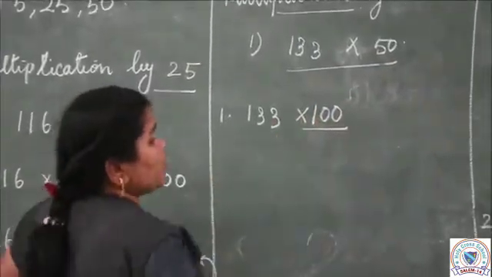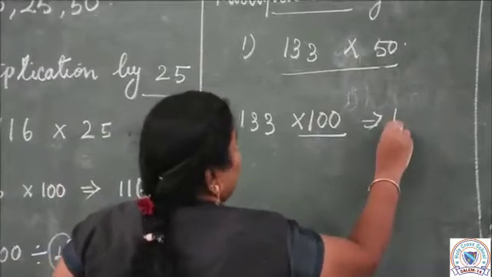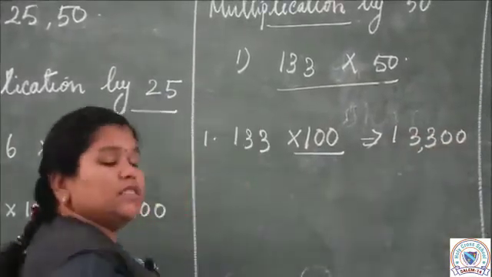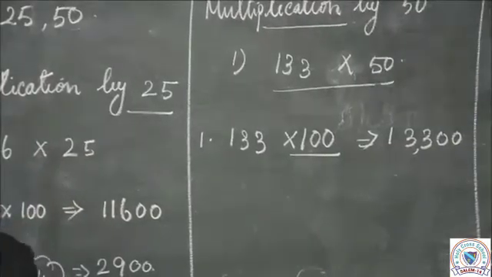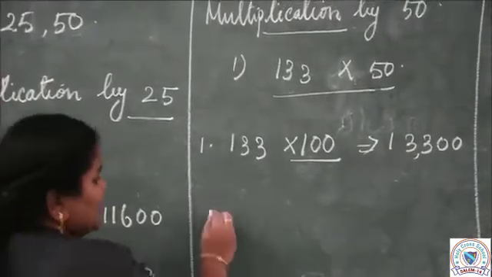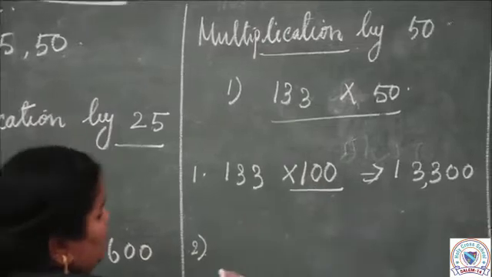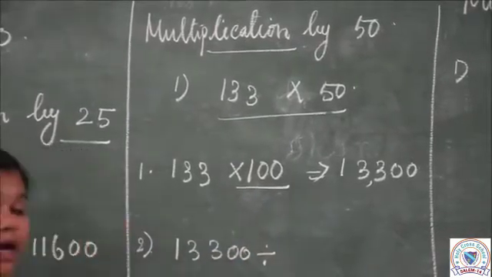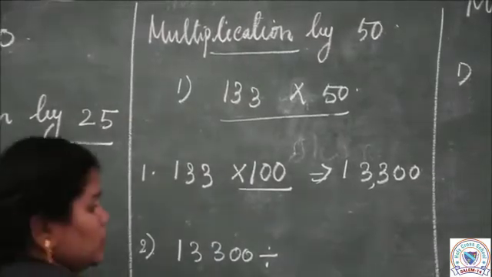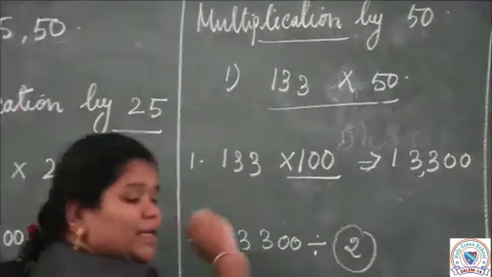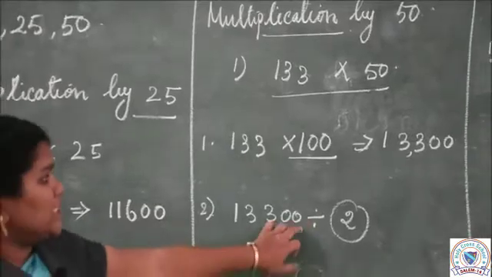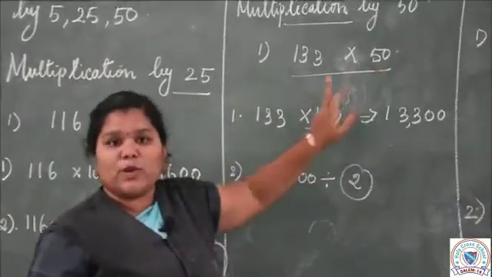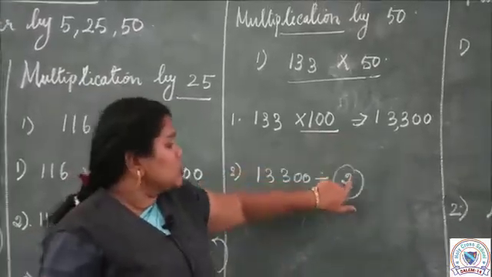If you multiply, what will you get? You will get 13,300. Next, step 2. 13,300 should be divided by 2. Why are we dividing it by 2? Because in 100 we have two 50s. That's why we are dividing it by 2.